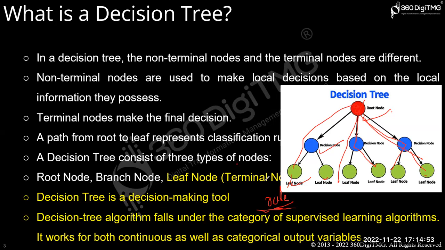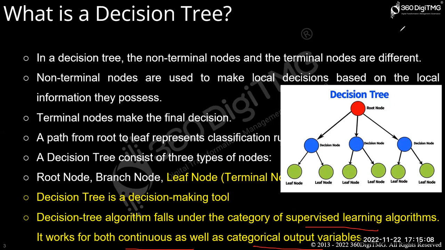The decision tree is a decision making tool, and the decision tree algorithm falls under the category of supervised algorithms, like we have discussed. It works for both continuous as well as categorical output variables. So it is not just for classification. We won't be doing just classification using the decision tree; we can do regression as well.